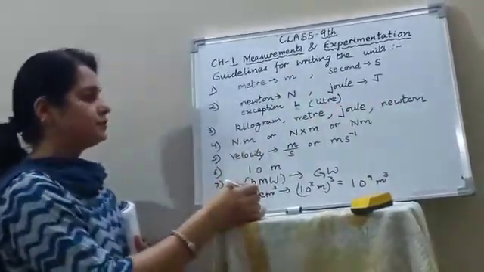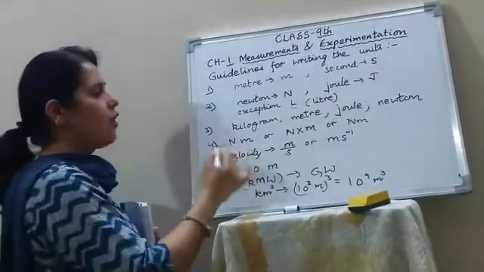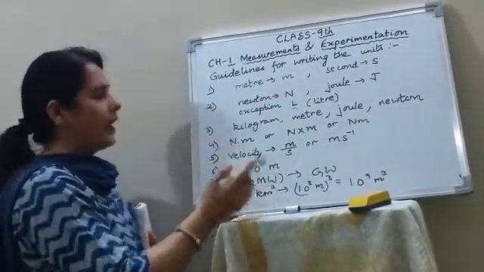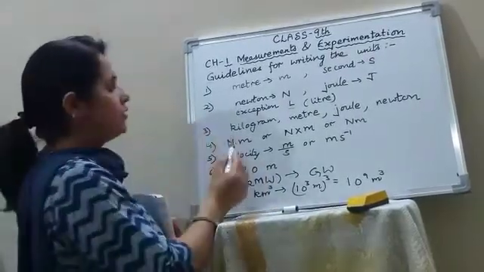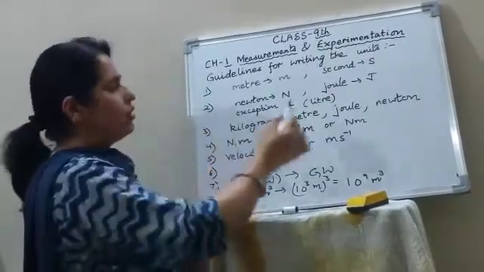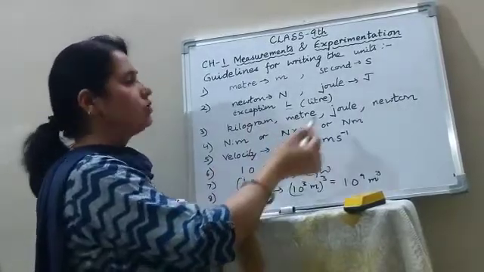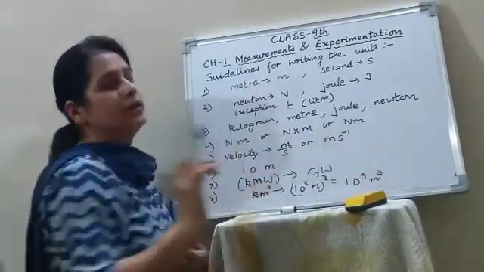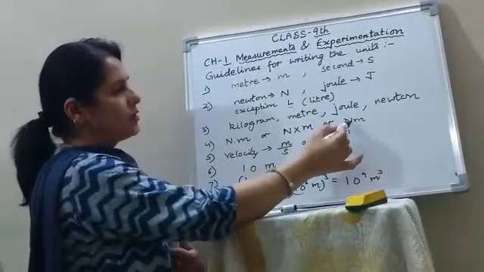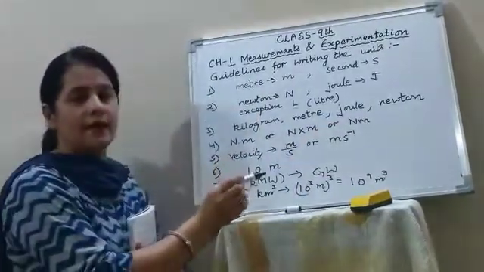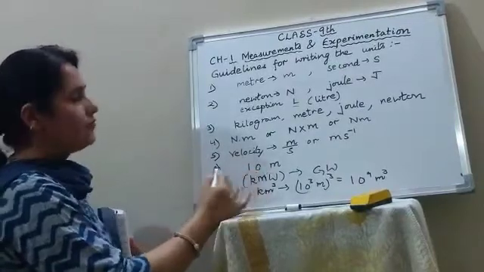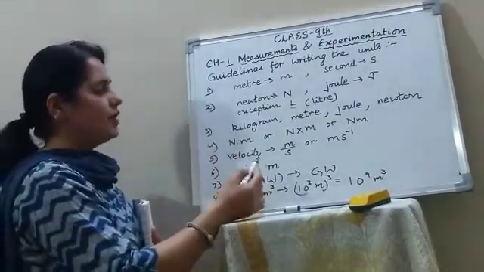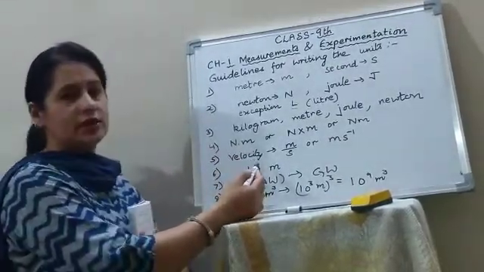Now, if it is a combination of two units, like the unit of moment of force is Newton meter, either you will use a dot in between, or you can use the cross product, or simply write Newton meter without anything in between them. Now the fifth point is, suppose we are taking the unit of velocity. What is the SI unit of velocity?